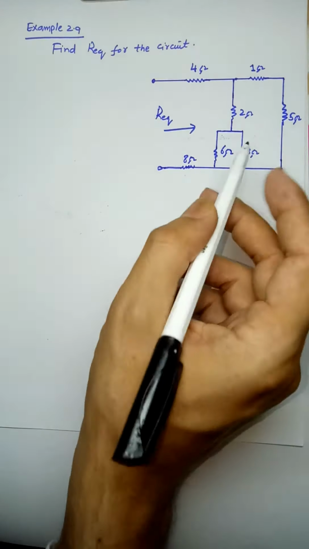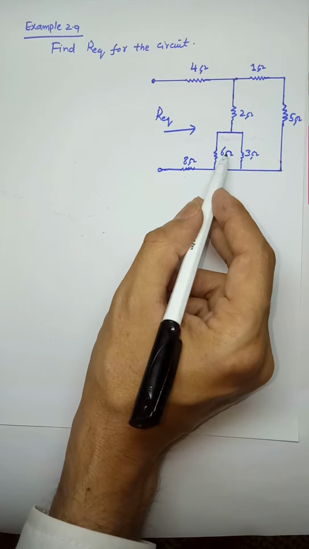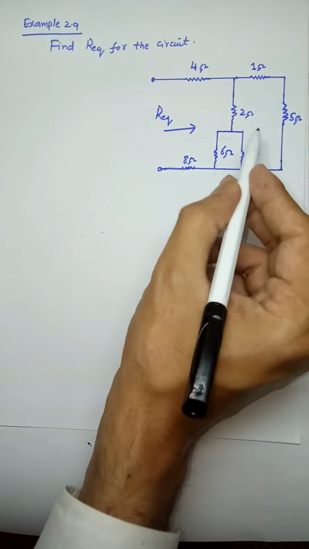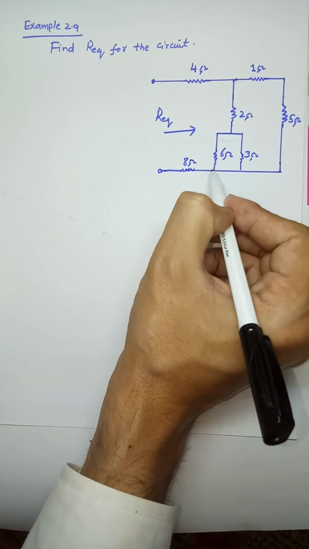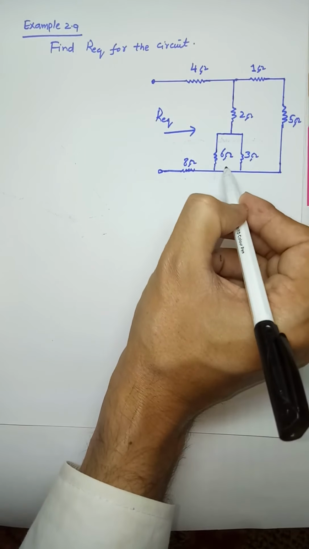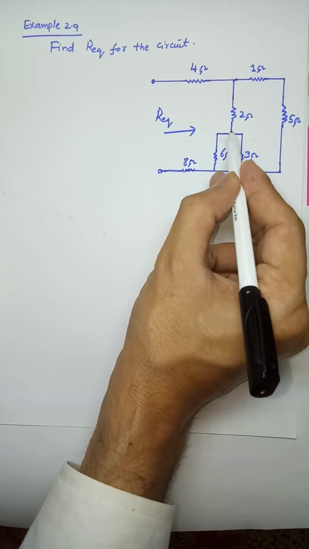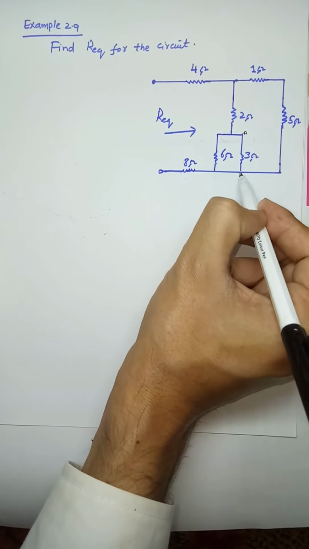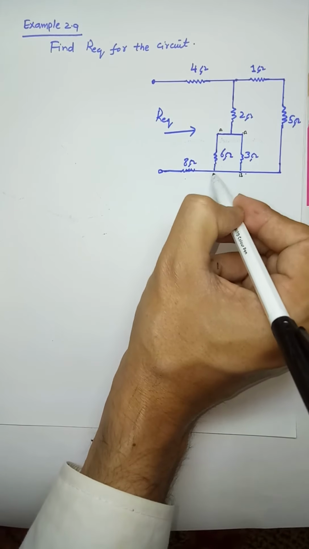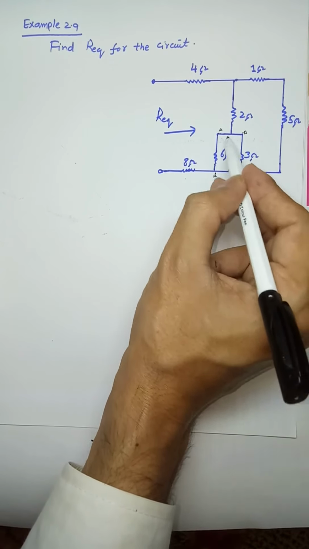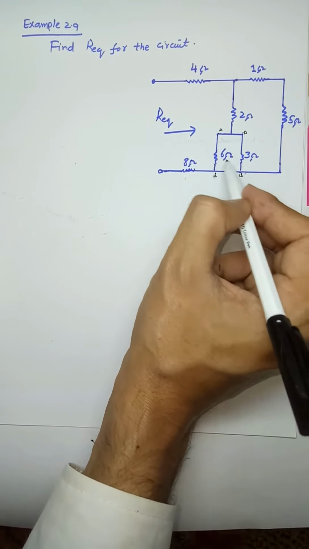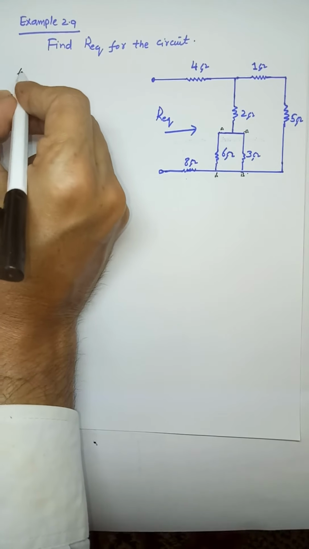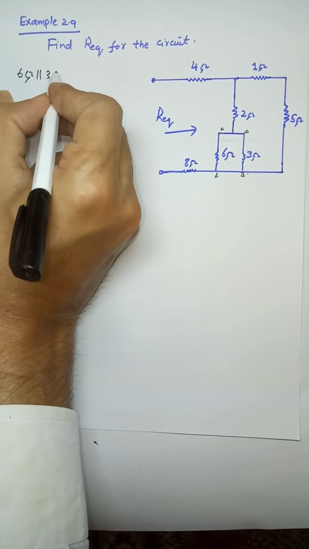As these two resistors are connected in parallel, how are they connected in parallel? Because we don't have any element here, and we don't have any element here. So this is the A side and B side, and both the ends are directly connected with each other. That's why 3 ohm is parallel to 6 ohm, or 6 ohm is parallel to 3 ohm.